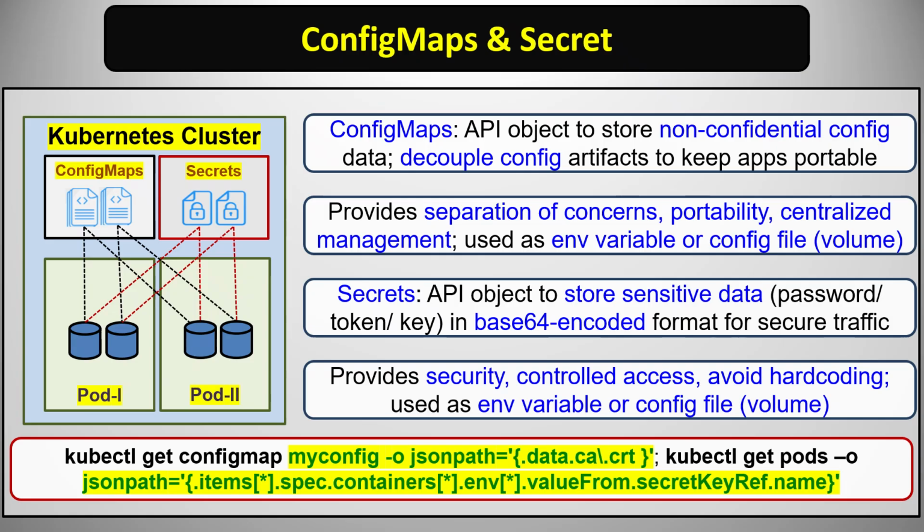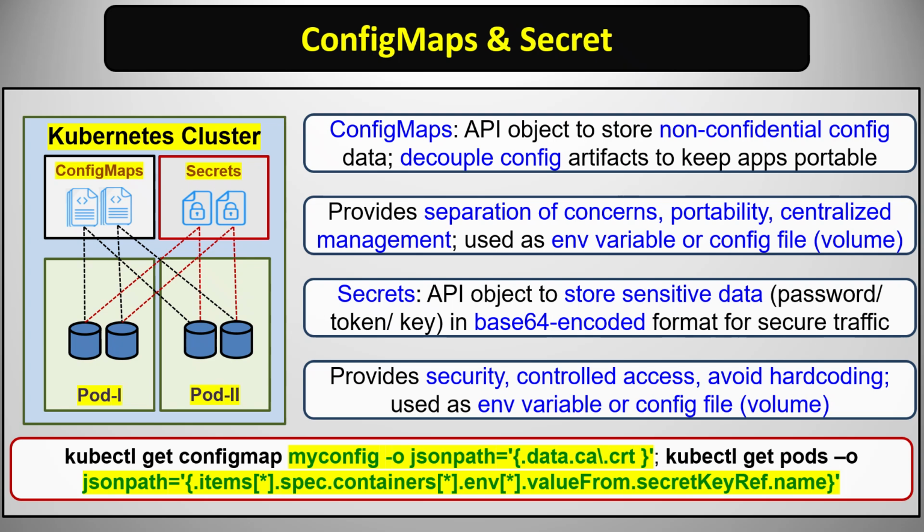Then we have portability, which is reusing the same image with different configuration. Then it provides centralized management, which is the management of configuration in one place. You can consume configuration maps inside your pod either as environment variables or by mounting them as configuration files through a volume.